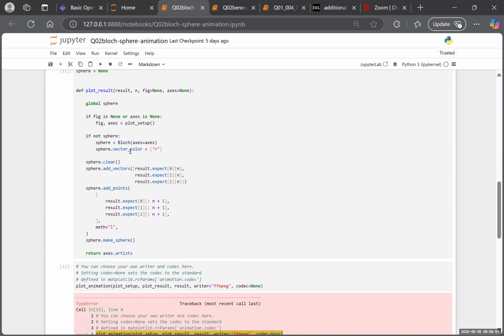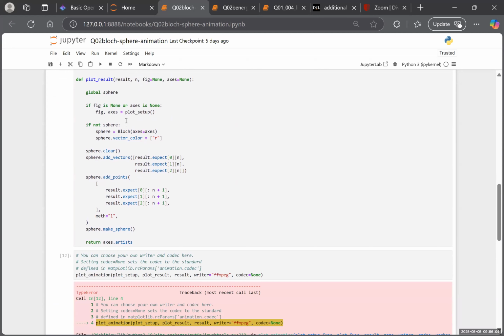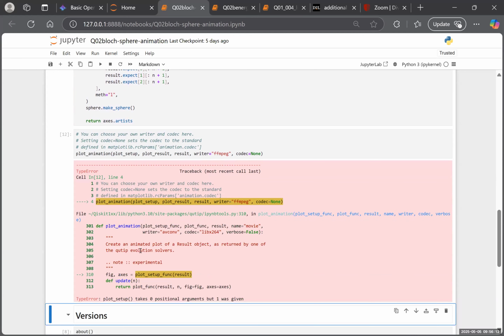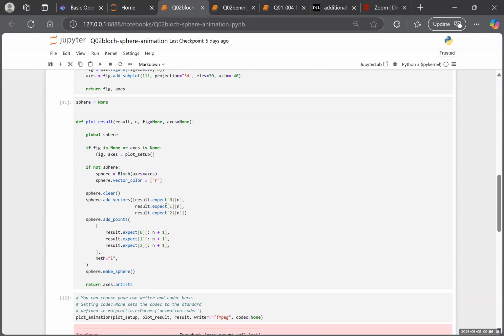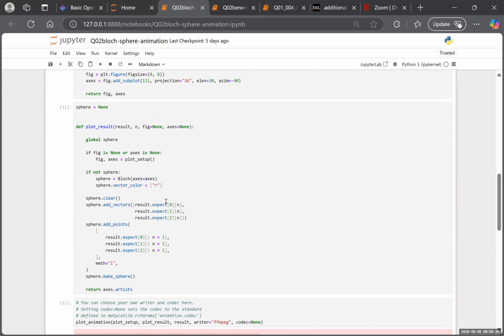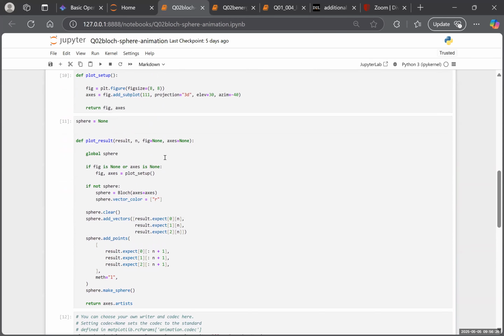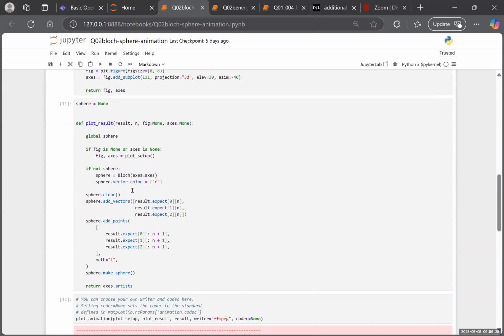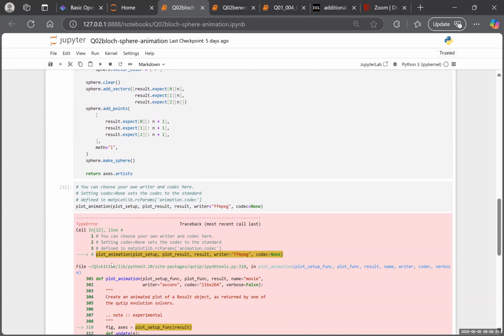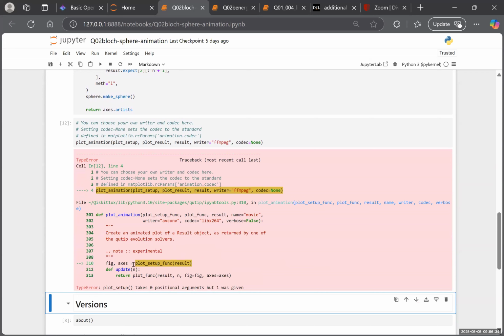I think I removed the result plot setup. But where is that? Here. It picks 0, but 1 was given.